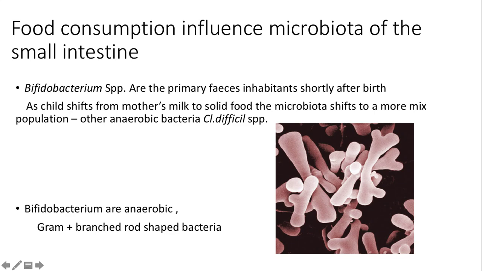This process is punctuated by dramatic shifts that correlate with the factors we mentioned before and events and circumstances in early childhood, especially the introduction of solid food, for example, for infants during weaning, where the microbiome shifts from being predominantly bifidobacterium species to other anaerobic bacteria like Clostridium difficile.